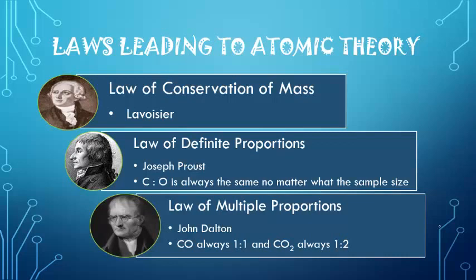So if we looked at a ratio of carbon to oxygen, it is always a 1-to-1 ratio. If we looked at carbon dioxide, in which we have one carbon to two oxygens, it's always a 1-to-2 ratio. So you can't have half of a mass. These elements always have to combine in whole number ratios so that their masses have to be whole masses. You can't take half a mass of the element.